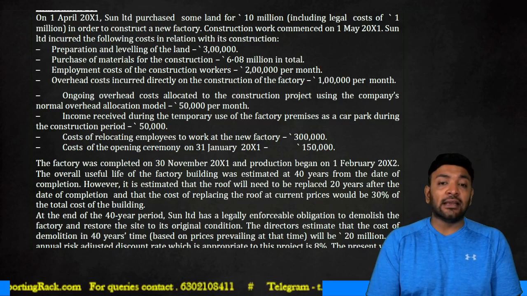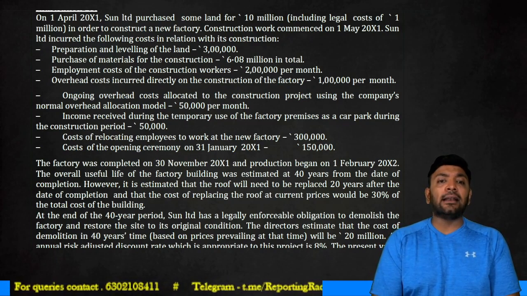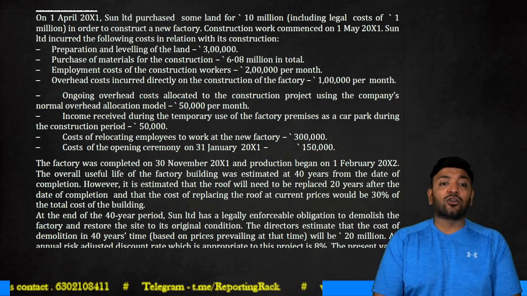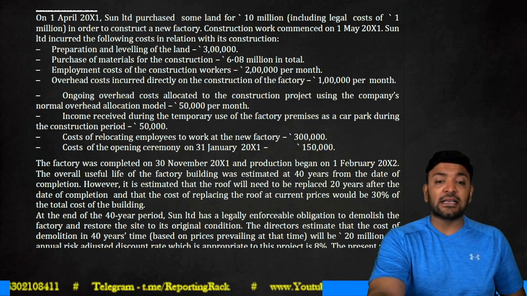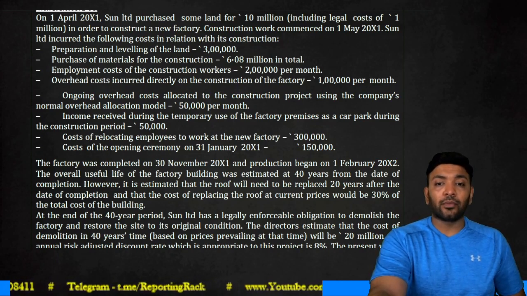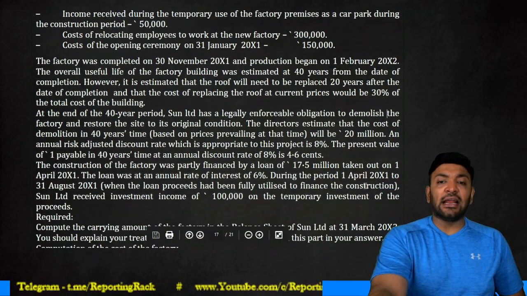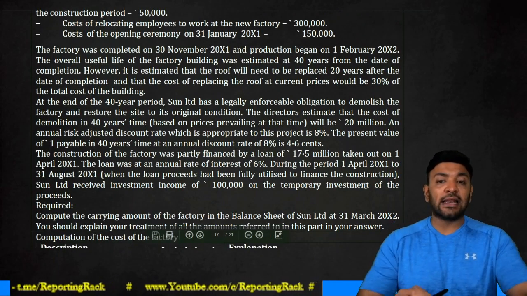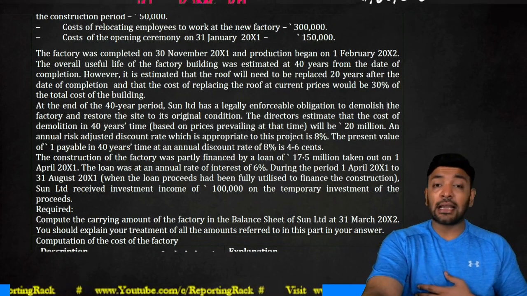At the end of 40 years, Sun Limited has a legally enforceable obligation to demolish the factory premises and restore the site to the original condition. The director estimates that the cost of demolition in 40 years based on the current prevailing prices is 20 million, and an annual risk adjusted rate is 8%. So 20 million at 8% is the value that you have to consider. For 40 years, you have to discount it, calculate and check.